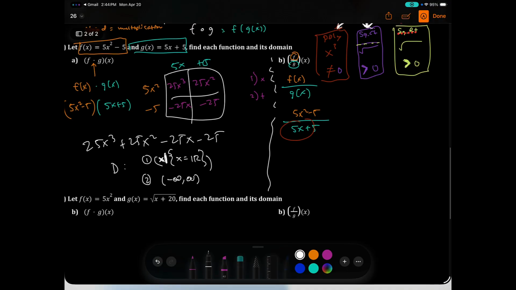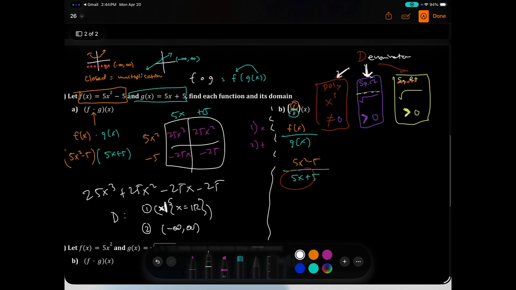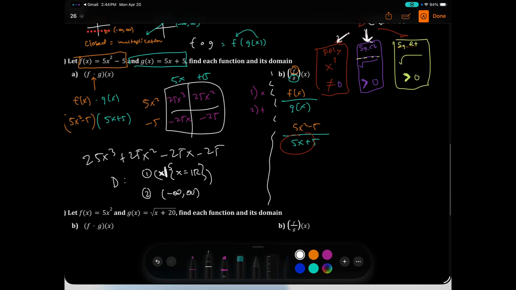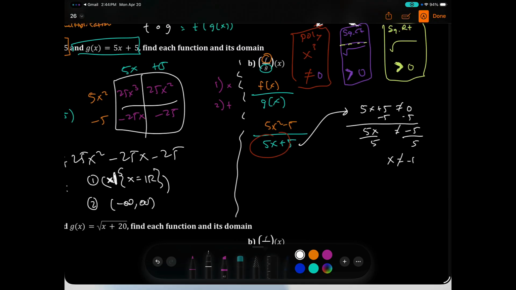Okay. All right, so this one is the red condition because I have a fraction denominator, and we're going to set it not equal to 0. And treat it like an equal sign, just solve it. So I'll subtract 5, divide by 5. That's saying that x cannot equal negative 1.